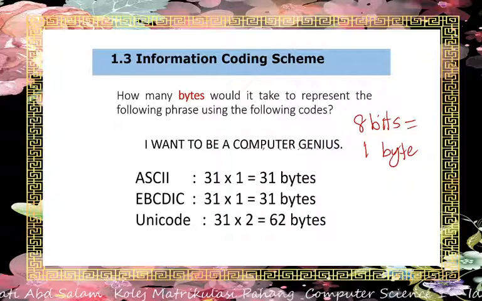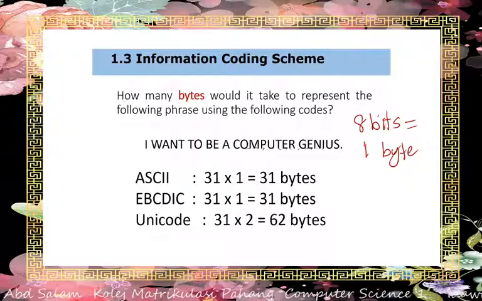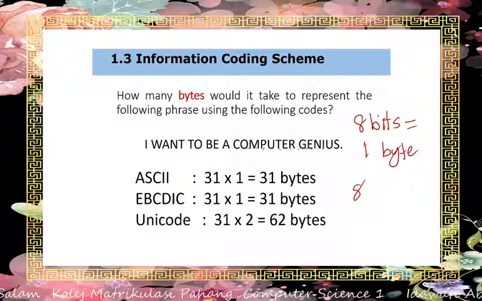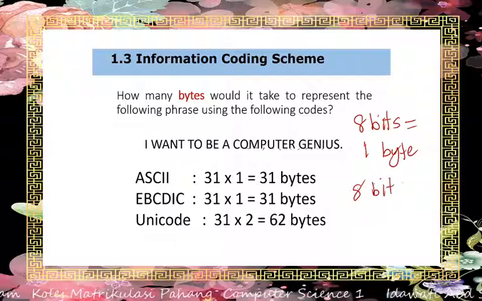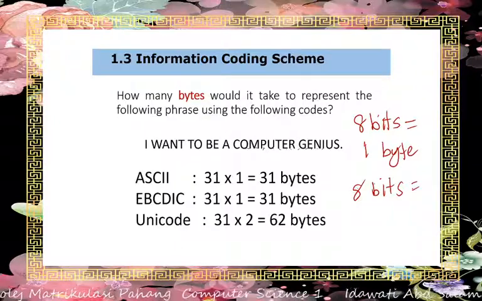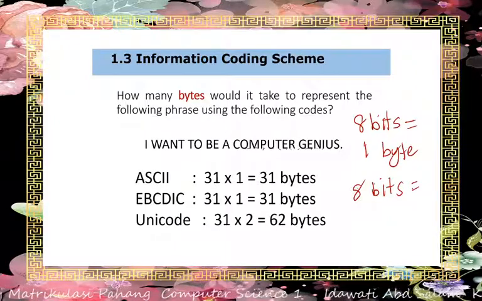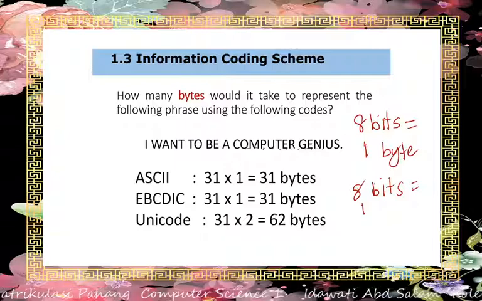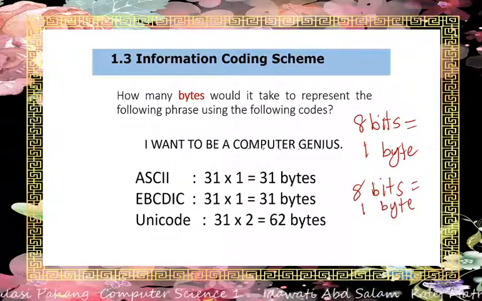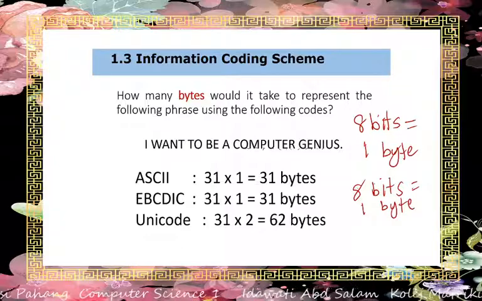The same thing with EBCDIC. EBCDIC uses 8 bits to represent a character, then 8 bits equals 1 byte. How about Unicode?